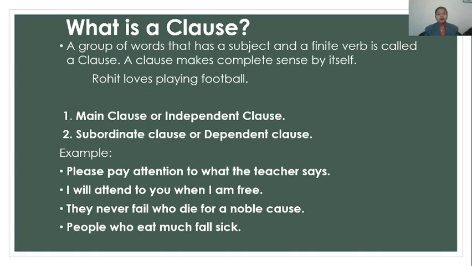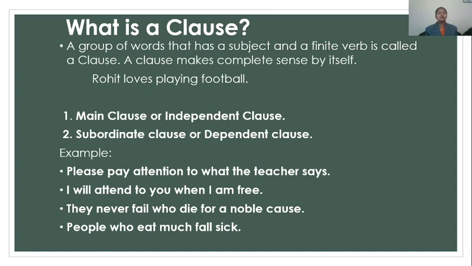Why? Because a clause means having only one subject and one finite verb, while in a sentence there could be many finite verbs. It means that a sentence could be made by adding many clauses. By putting many clauses together, we make long sentences.